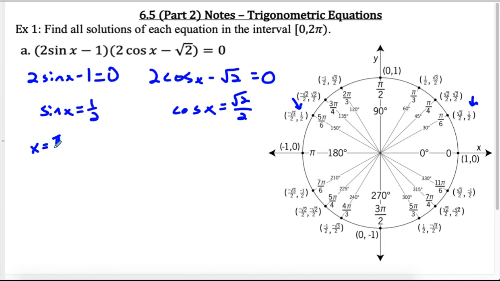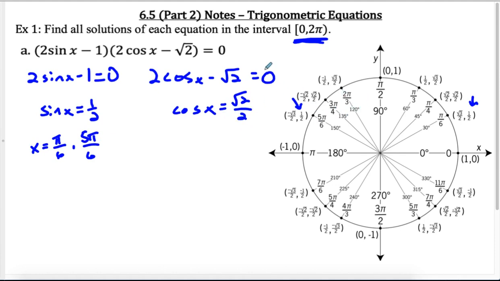Now, remember we said technically we should add on the plus 2 pi n, but since this question only asks for values between 0 and 2 pi, I can clearly see if I'm at pi over 6 and I add 2 pi, I'll be outside of the 0 to 2 pi range. Okay, same thing with 5 pi over 6. So those are my only two answers here.